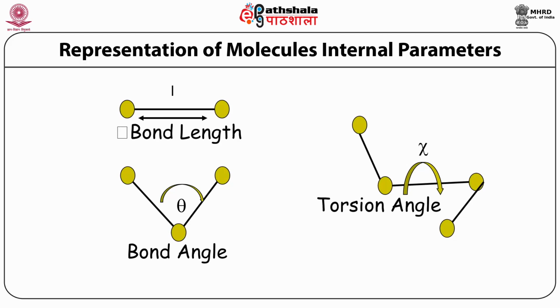I'll come to it in a minute. Now, a collection of bond lengths, bond angles, and the torsional angles would completely specify the molecule. However, in this case, you need only 3n minus 6 parameters if you have n atoms in the molecule, which means there are 6 missing parameters.